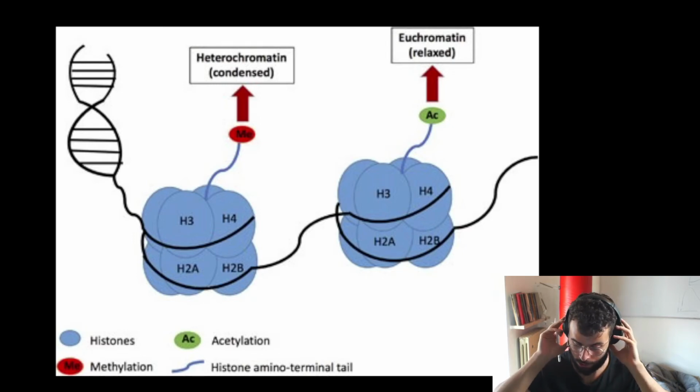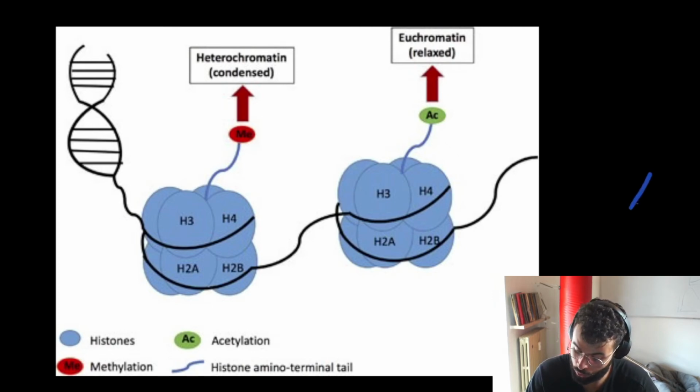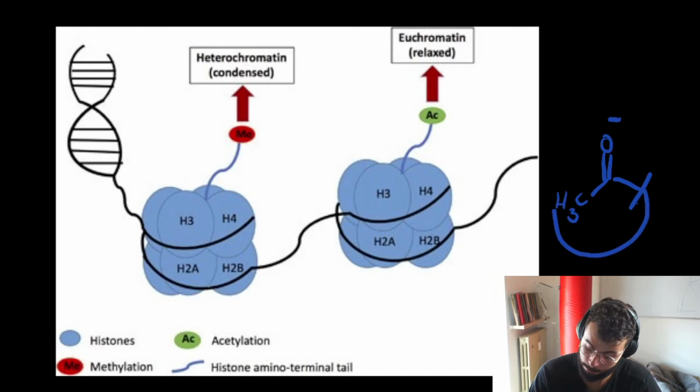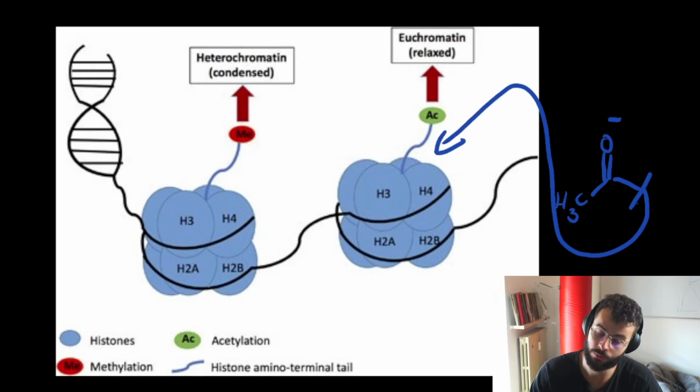So let me give you an example. If we put a functional group called acetyl, which is the following group, which is negatively charged, on one of the histones' amino acids, we are going to put more negative charge on one of the histones that are positively charged.